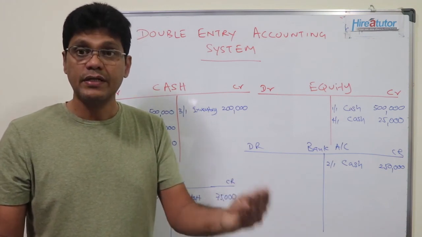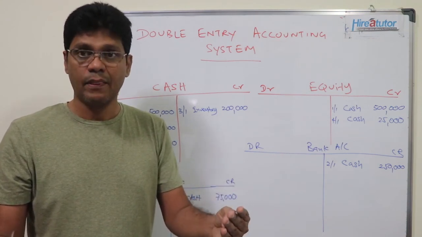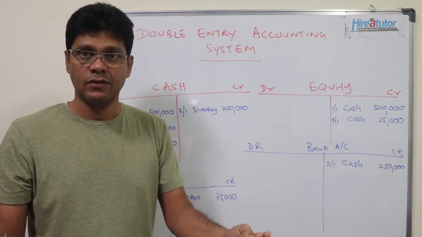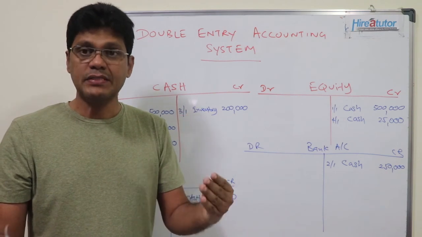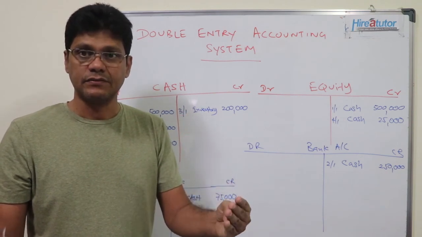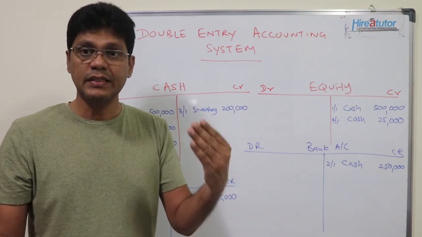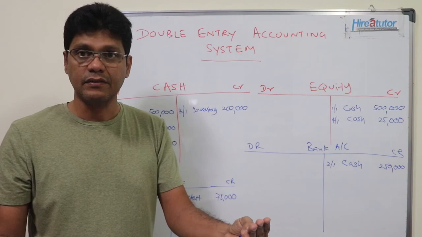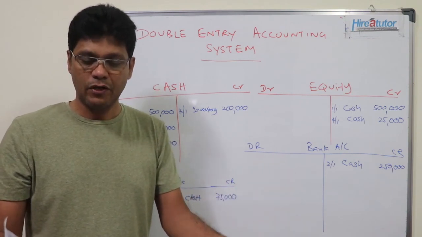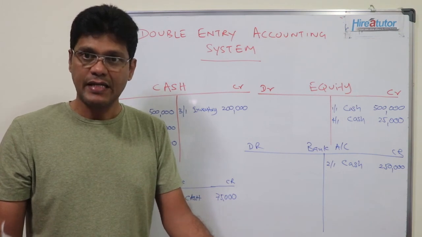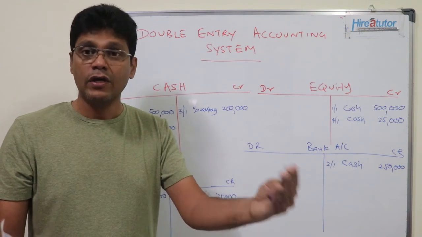Then where will you debit? Salaries is an expense. So please remember the accounting rule: expenses increase, so an increase in expenses will be debited. So what is the dual impact? The cash asset will reduce by 25,000, whereas the expenses will increase by 25,000.